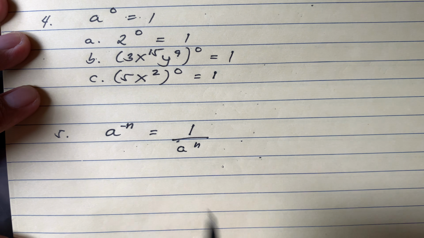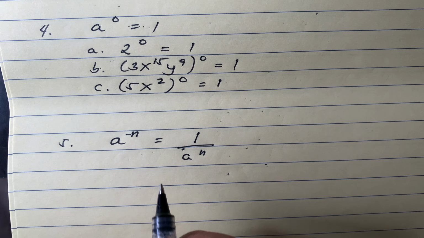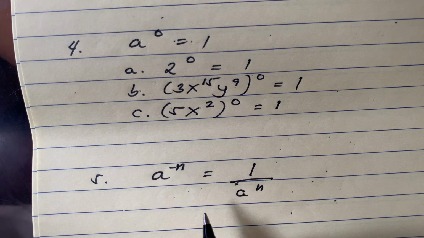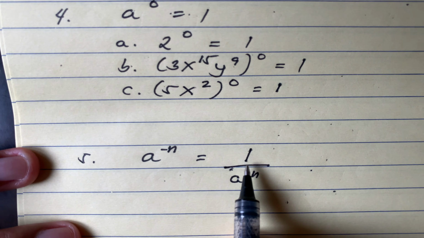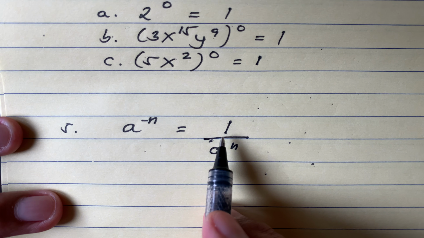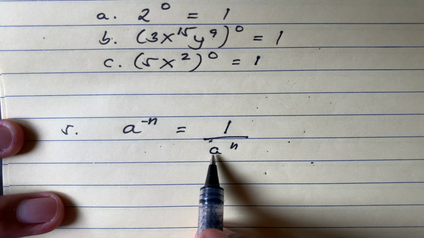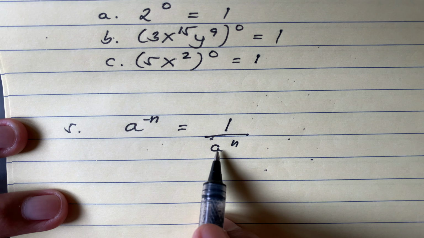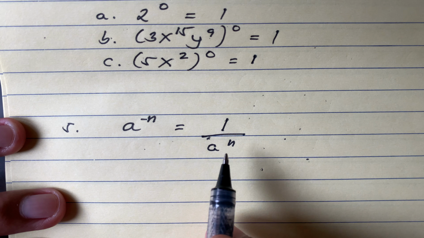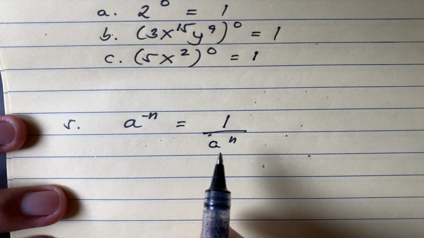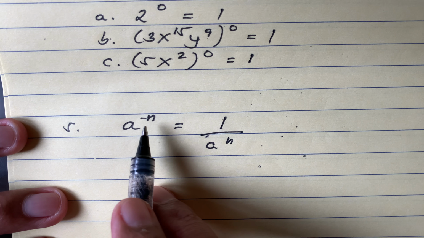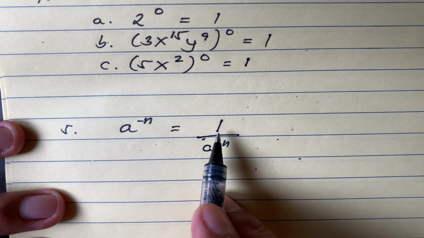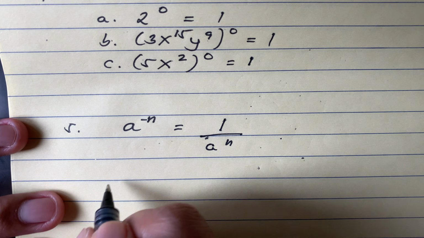So in using the negative exponent, the numerator, when simplified, will always become 1. And the base, as you see here, is a. Its exponent will always become positive. So the simplification of a raised to negative n would be equal to 1 all over a raised to n.